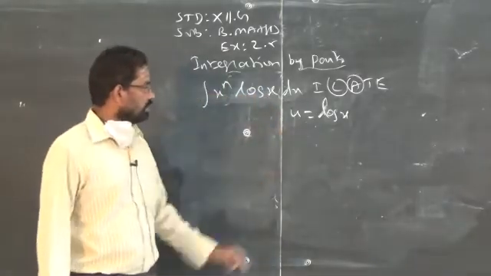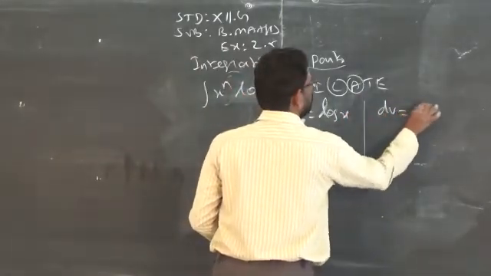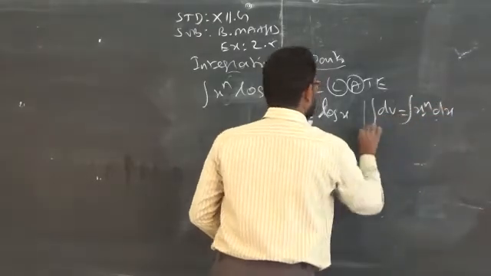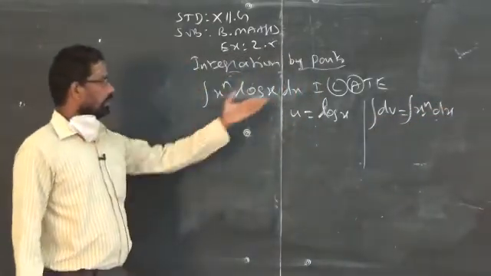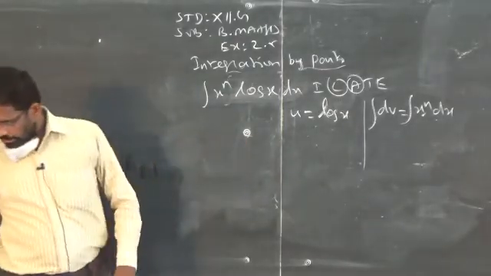Therefore, you always consider u is equal to log x and dv is equal to x power n into dx. Then you can proceed, you will get the answer. Clear? You try, the next class we will see that one.